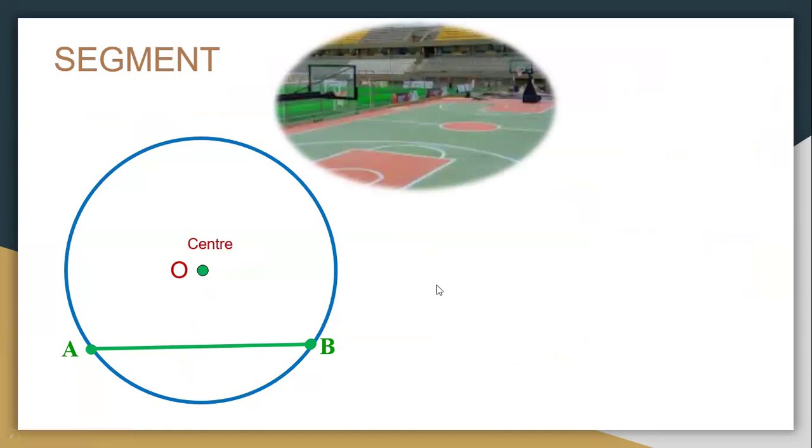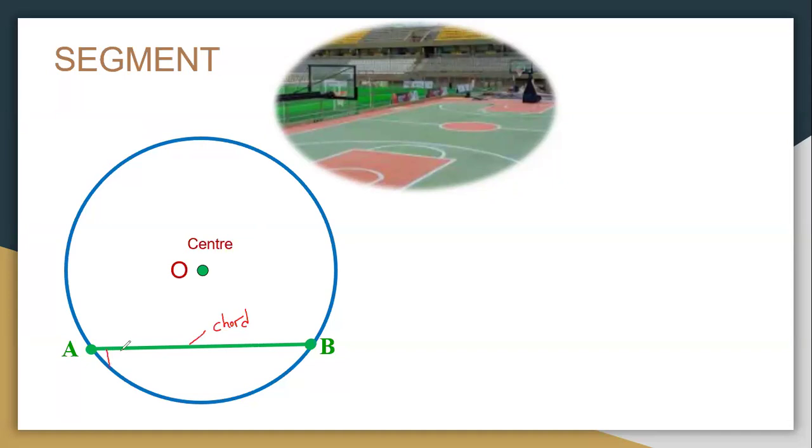The other one is what you call a segment. For this one, I've already showed you. Now, a segment, we say that line AB is what you call a chord. We have already said so. Now, whenever you have a chord, it is going to form a part.